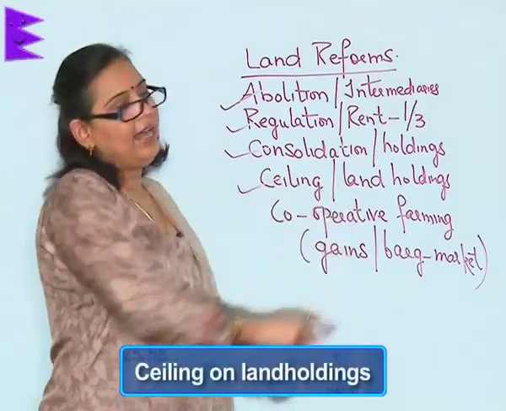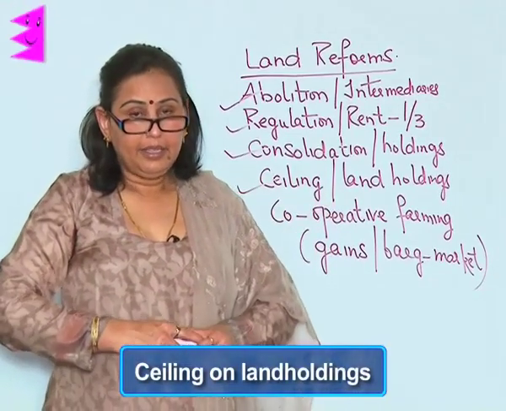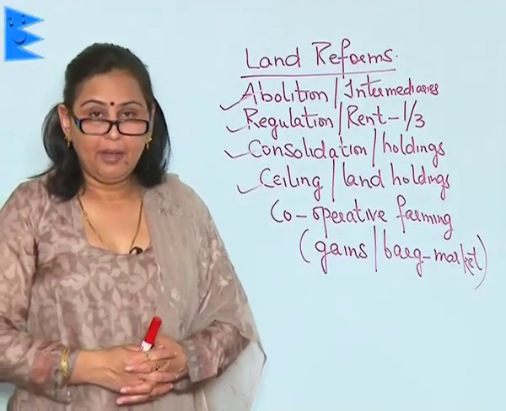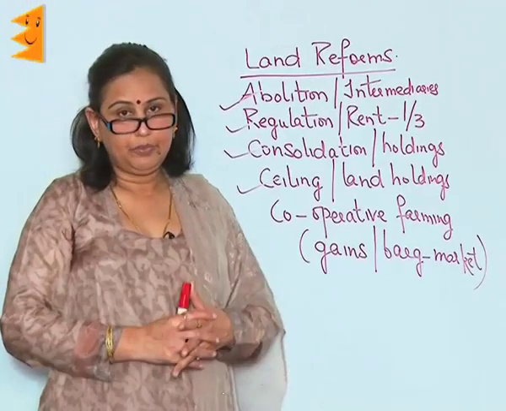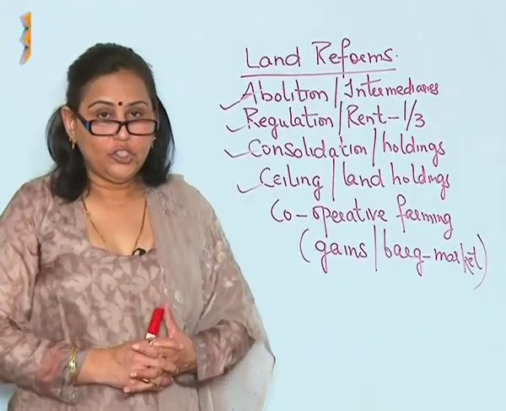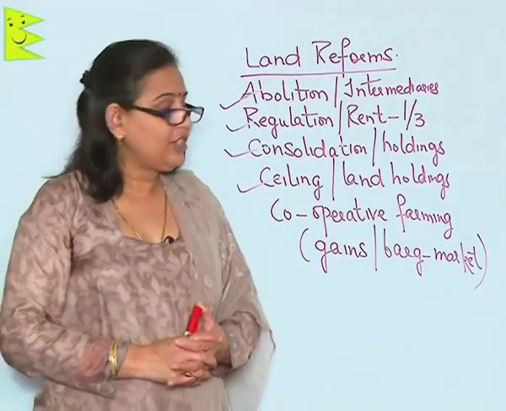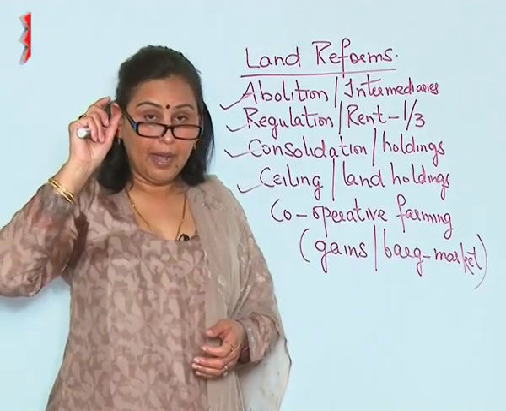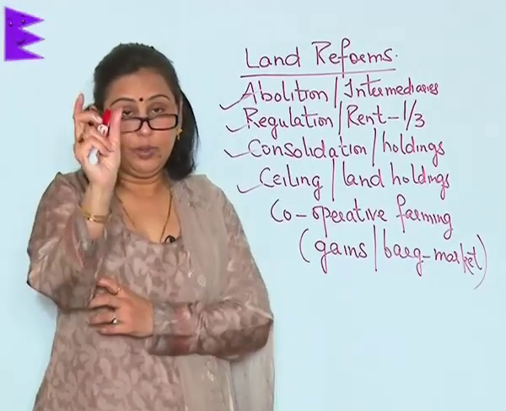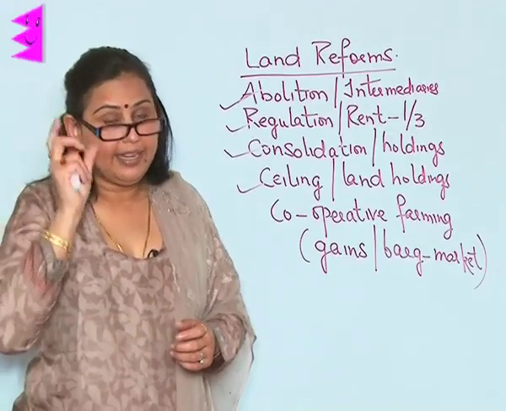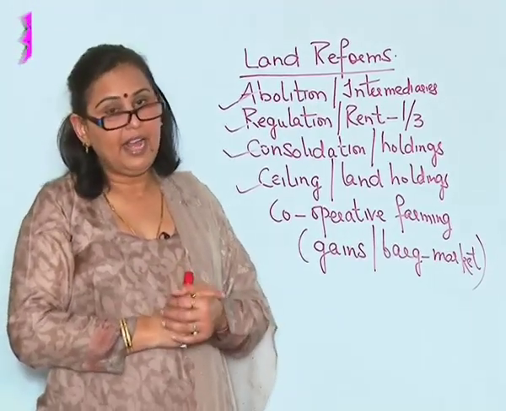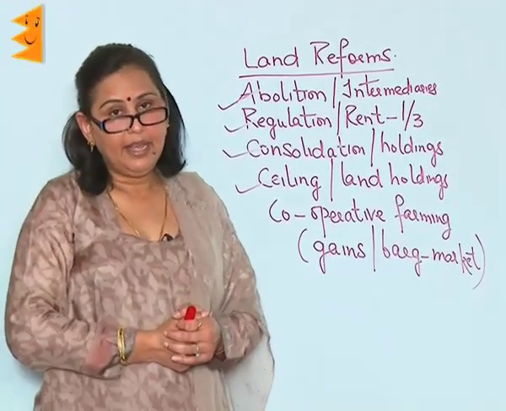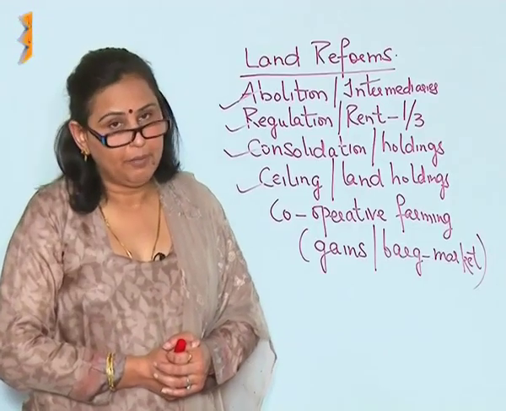Next is ceiling on land holdings. Earlier, there were farmers who had acres and acres of land, and there were farmers who hardly had anything. So the government of India resorted to a policy called ceiling on land holdings. That is, a limit has been fixed, so you cannot have more than that much land, and the excess land, if there is any, is redistributed amongst the landless laborers or the farmers.